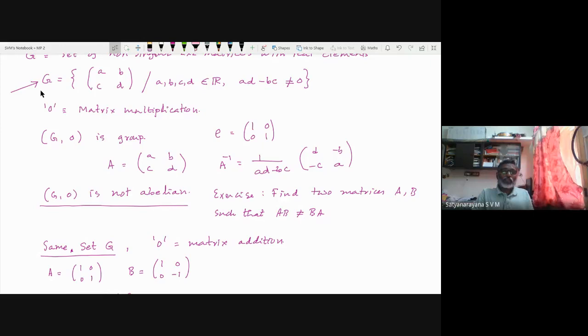So I meant that it is the set of all non-singular matrices. It doesn't matter if you missed that; you got another example, that is fine. But I want you to appreciate that if you take the same set and just change the binary operation to matrix addition, it doesn't even form a group, because it is not closed.